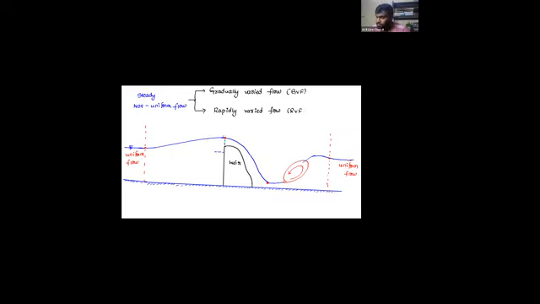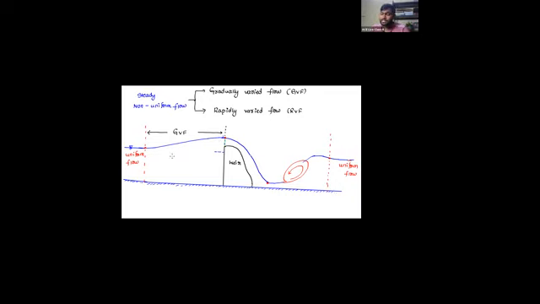So now, my dear, when do you say GVF or when do you say RVF? If the variation happens over a longer span, or the variation is very, very less, then we call it a gradually varied flow. From here to here, this is nothing but gradually varied flow.